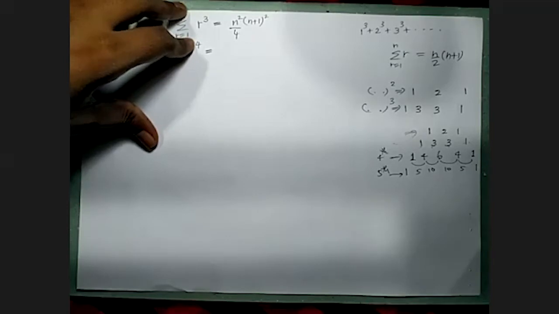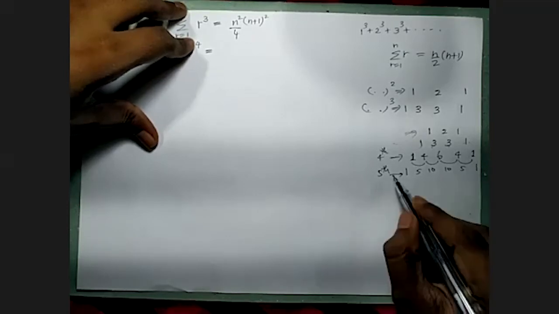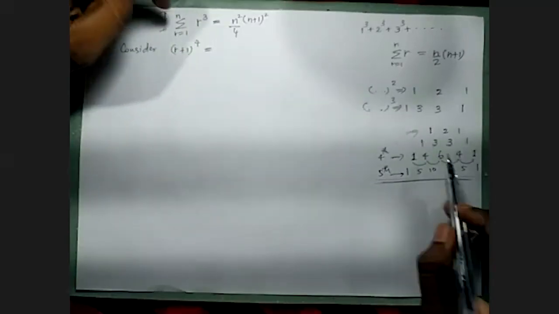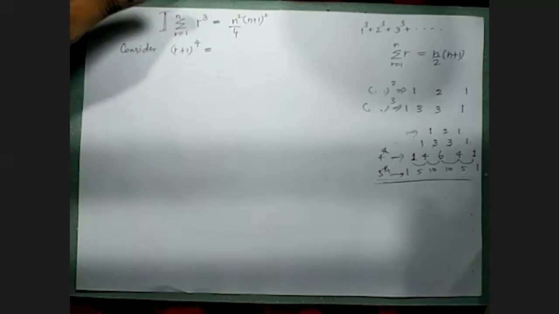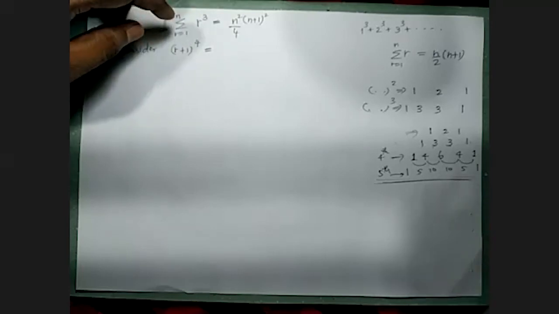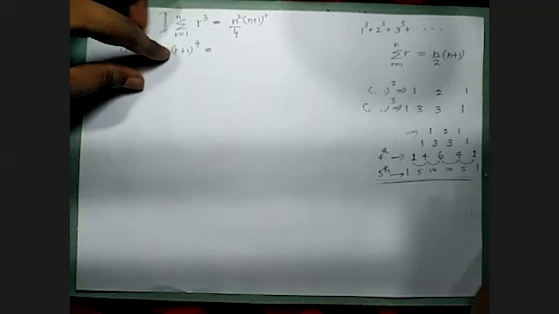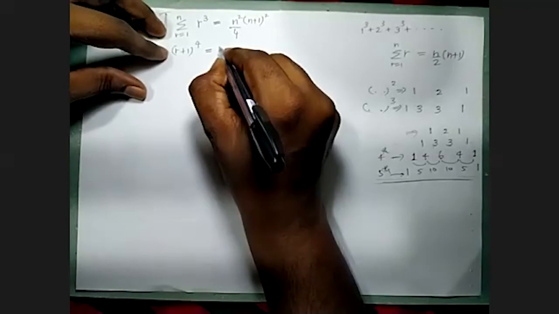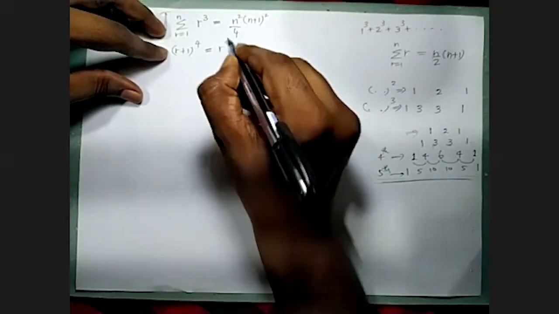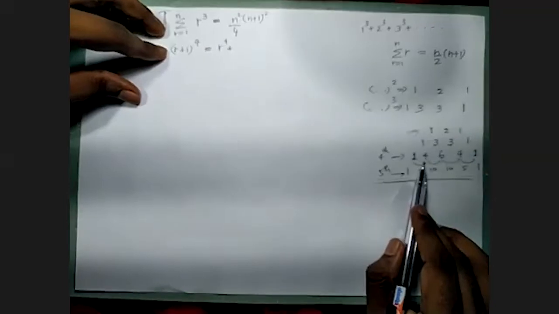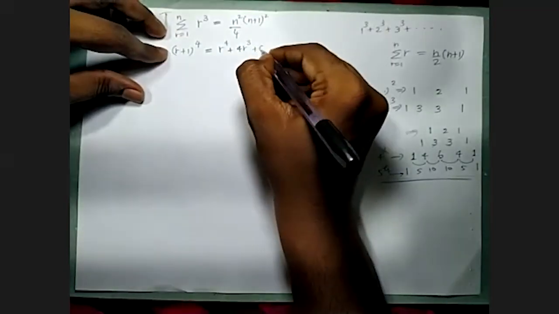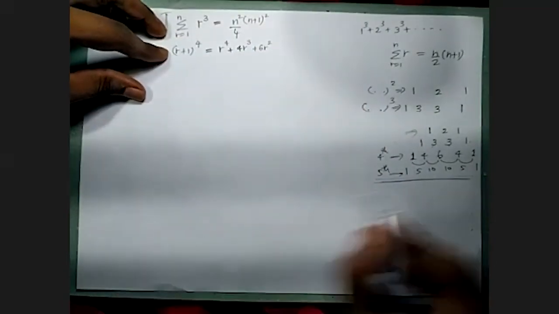Understood? Yes, sir. Yeah, this is what we call Pascal triangle. So these are only the coefficients, not the English letters. The coefficients we have to write. Then when I write the expansion for R plus 1 to the power 4, we have R to the power 4 plus coefficient is 4, r to the power 3. Coefficient is 6, R to the power 2.